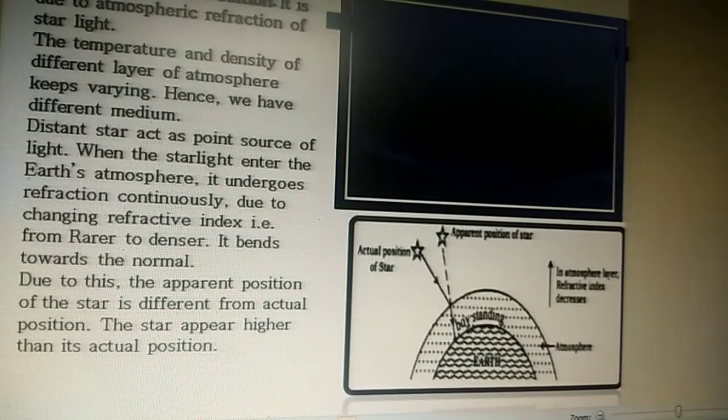When you observe, the atmosphere has different layers, possessing different temperatures and different densities. Because of the higher densities nearer to the surface of the Earth, when light passes from the upper layers, which are rarer media, coming nearer to the Earth the density increases, and slowly it bends towards the normal.